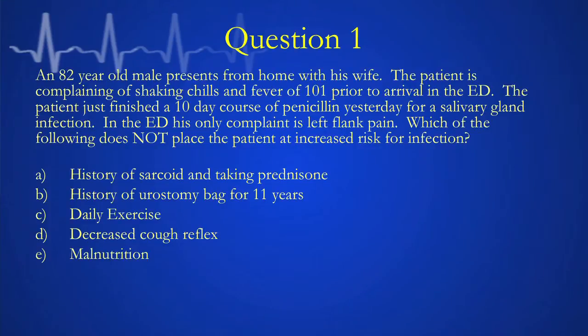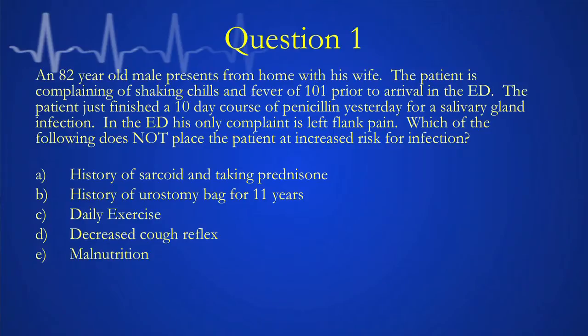An 82-year-old male presents from home with his wife. The patient is complaining of shaking chills and fever of 101 prior to arrival in the emergency department. The patient just finished a 10-day course of penicillin yesterday for a salivary gland infection. In the ED, his only complaint is left flank pain. Which of the following does not place the patient at increased risk for infection?